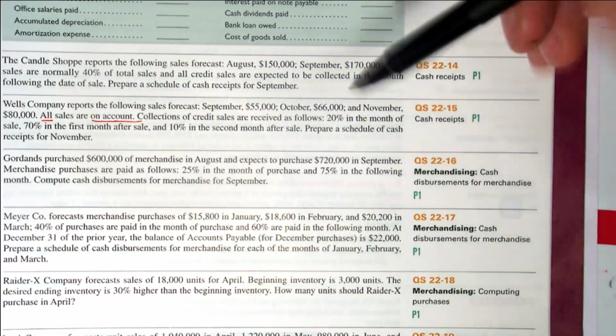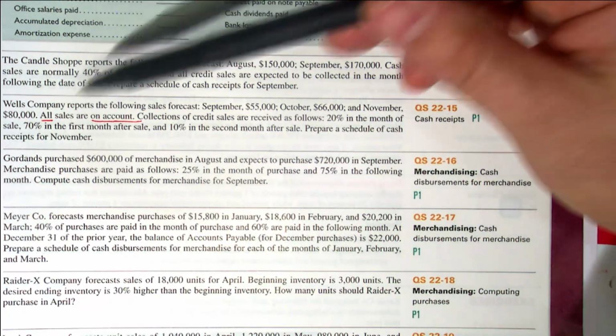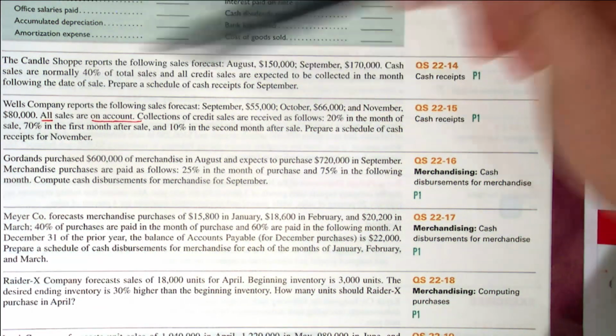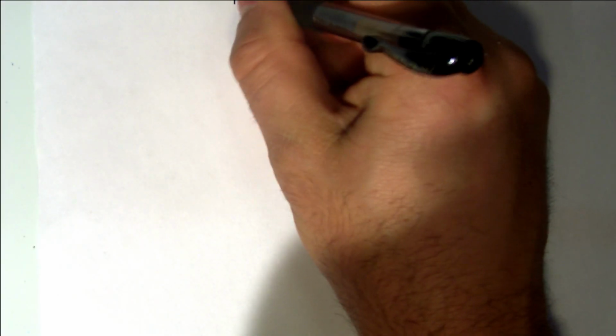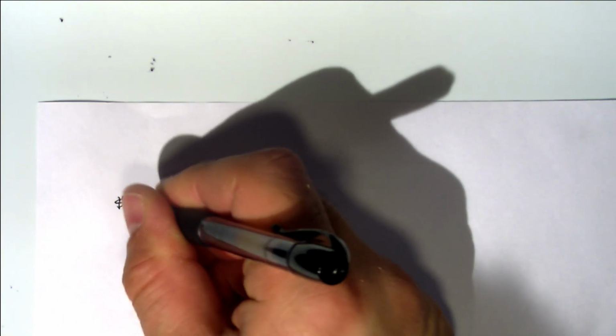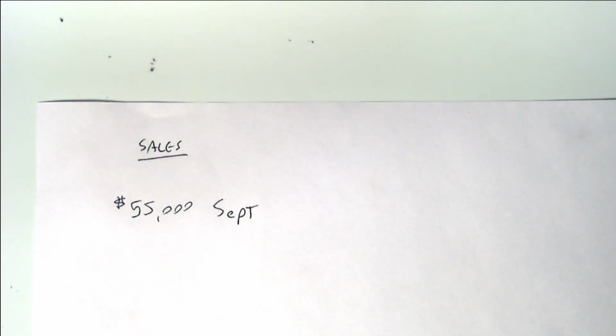So what we're going to do is as follows. They say the collection pattern is 20%, 70%, 10%. Is that correct? So for example, September had sales of 55,000.